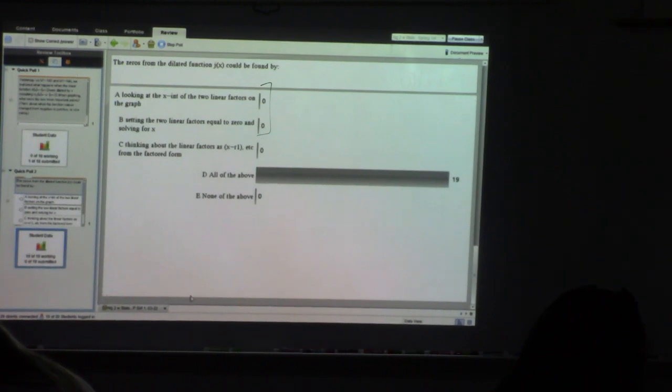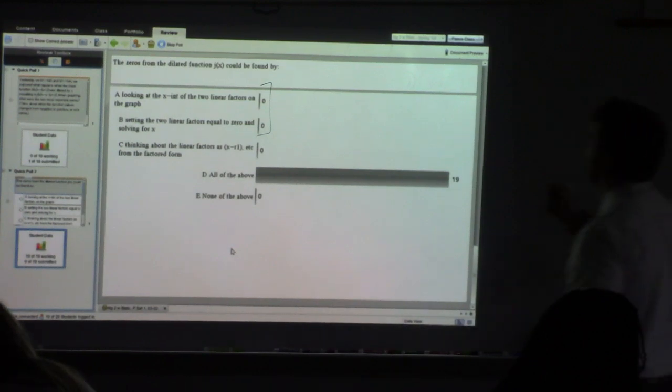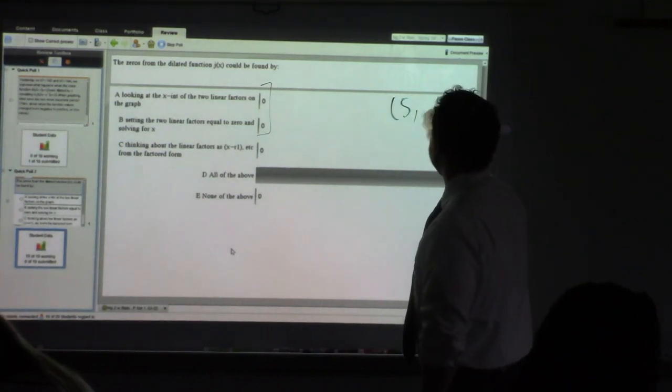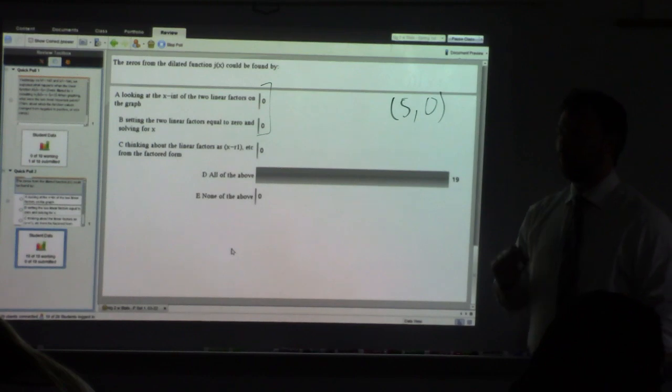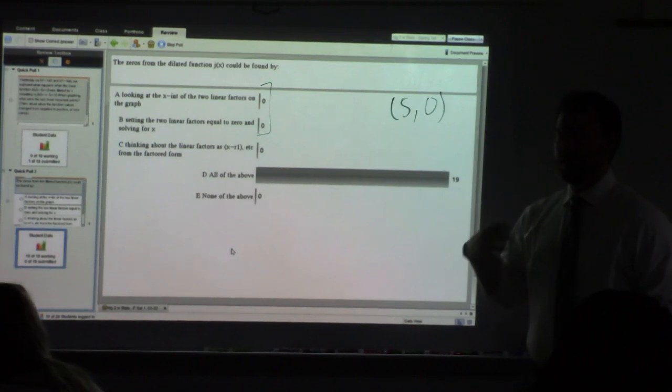So zeros and x-intercepts aren't the same thing? What do y'all think? Are zeros and x-intercepts exactly the same thing? Yesterday I said, not exactly. No. Remember, the way you can find the zeros is by looking at the x-intercepts. If you have this x-intercept, 5, 0, what is the 0? Well, the y value is 0. But what is 5?